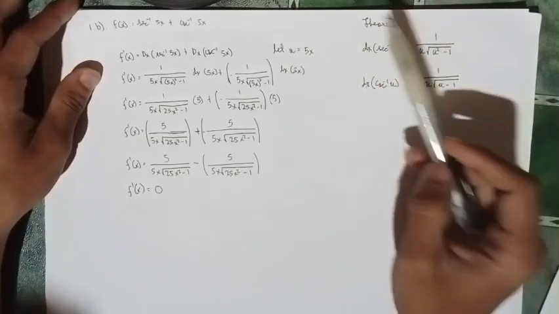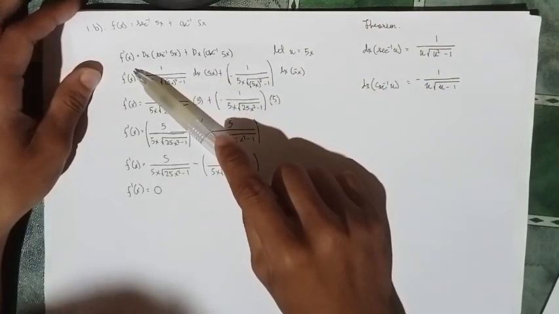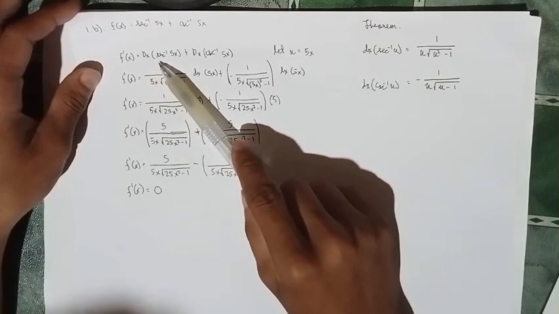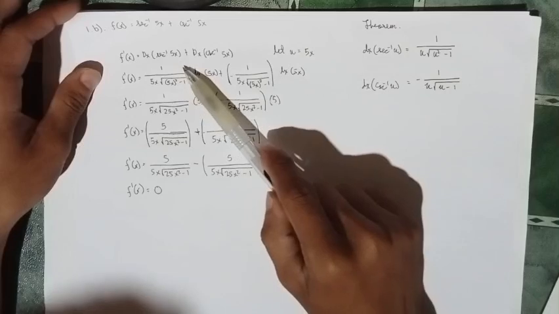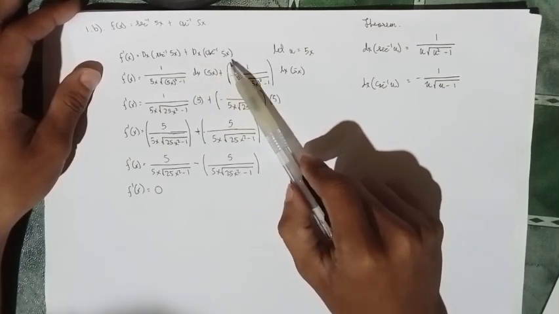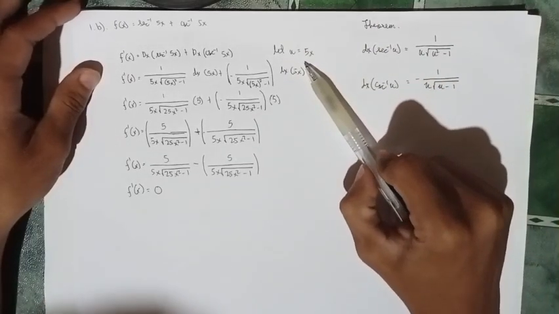Then the first derivative: f prime of x is equal to the derivative of arc secant 5x plus the derivative of arc cosecant 5x. Then let u is equal to 5x.